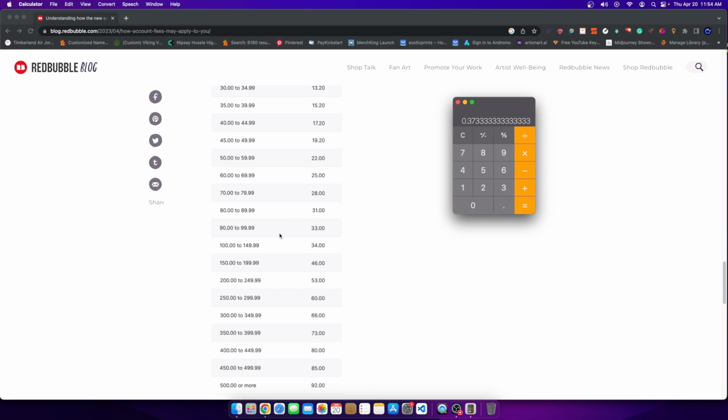And Redbubble is probably one of the first options for most people when they get into print on demand. I can't sit here and say that this is going to be good, because it's not. It's not going to be good. You're literally crucifying and punishing your sellers, regardless of their size, because it's not about size right now.